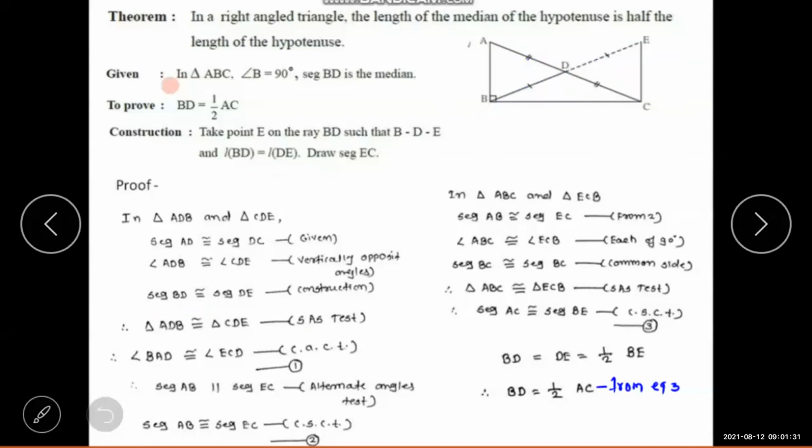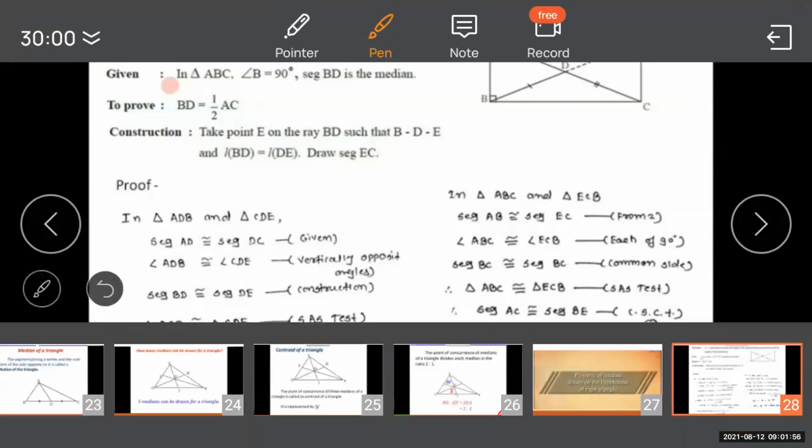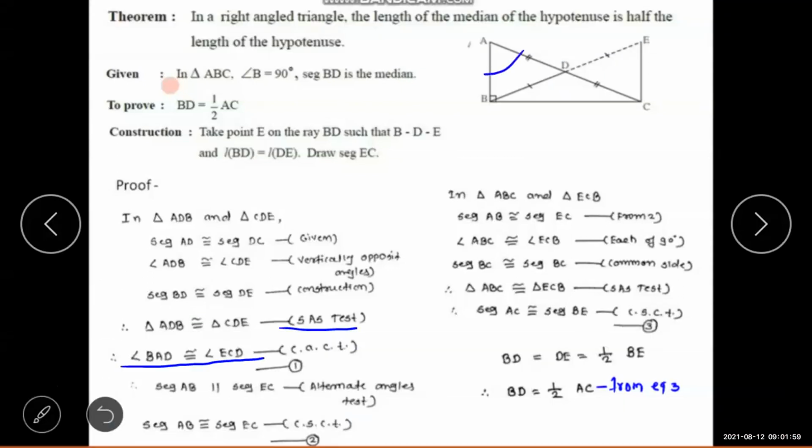Now, as we know, when the triangles are congruent, their corresponding angles and corresponding sides are also congruent to each other. So because of that, we can write here angle BAD is congruent to angle ECD, because they are corresponding angles of congruent triangles.